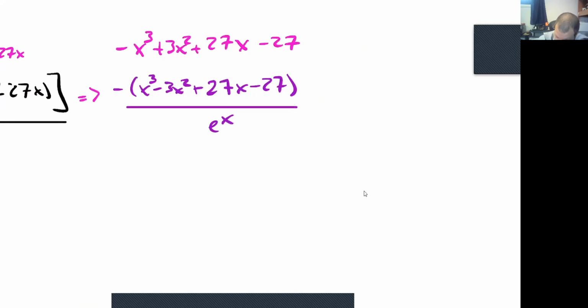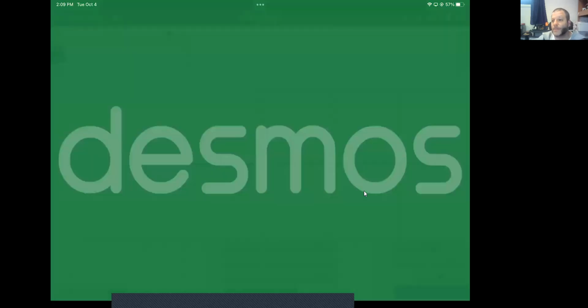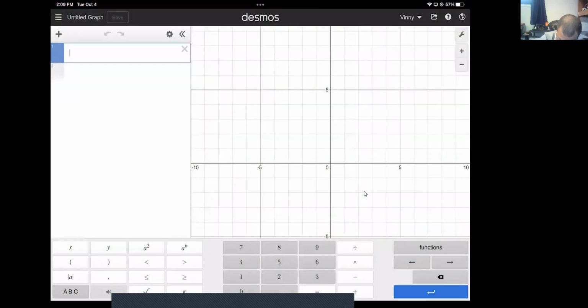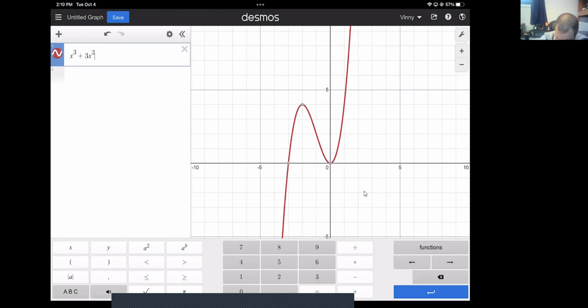So where is x cubed, going to Desmos. So where is x cubed plus 3x squared minus 27x?